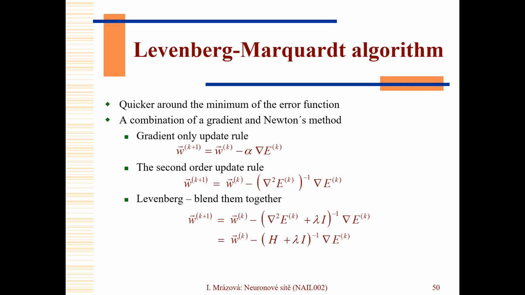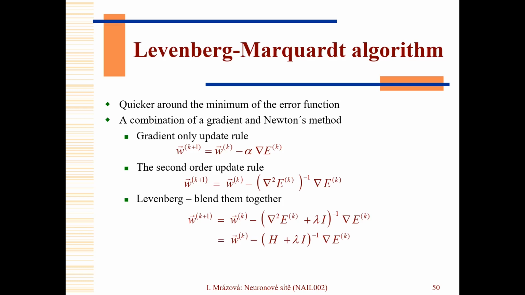So for the second order update rule, the new weights should be computed based on the old ones minus the inverse Hessian matrix multiplied by the gradient of the error function. And what the Levenberg-Marquardt algorithm does is that it blends these two approaches together.